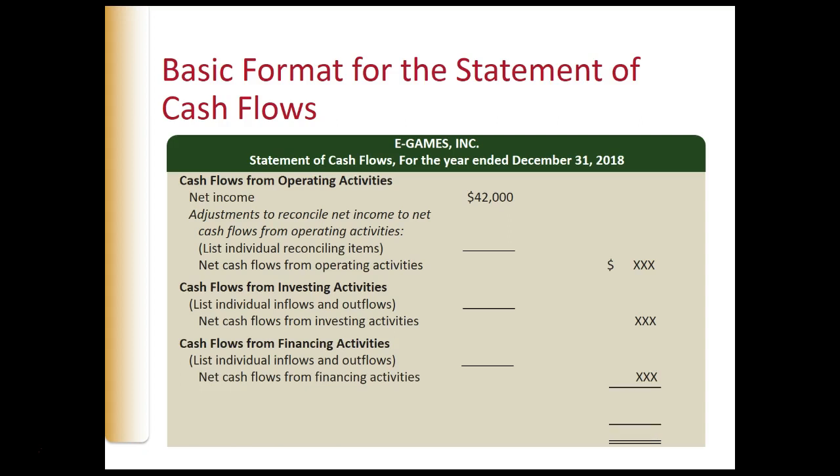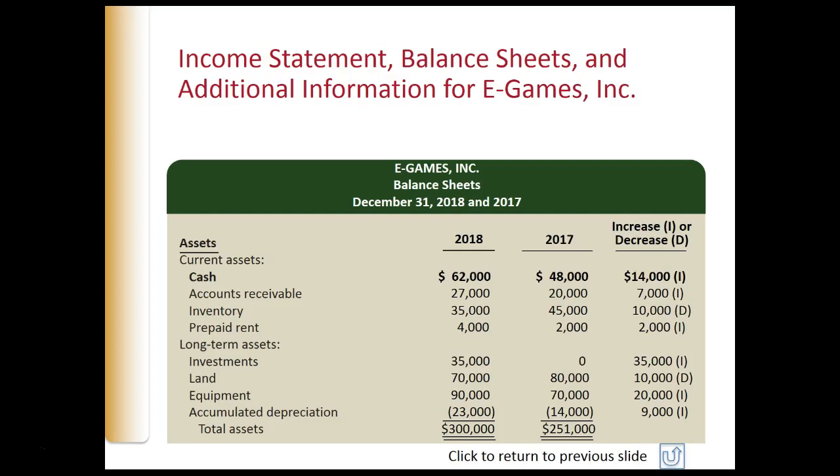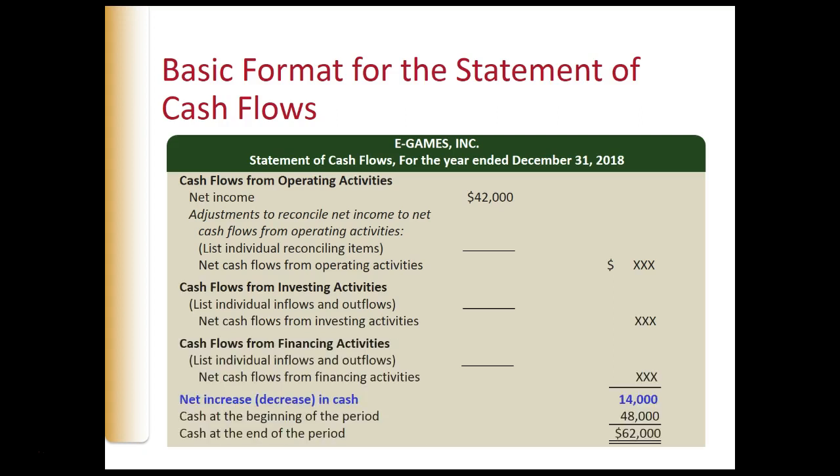If we go back here to the balance sheet, you see $62,000 is the cash now. In 2017 it was $48,000, so it has increased $14,000 from one period to the next. So you see here, there's an increase in cash of $14,000. Cash at the beginning of the period was $48,000.